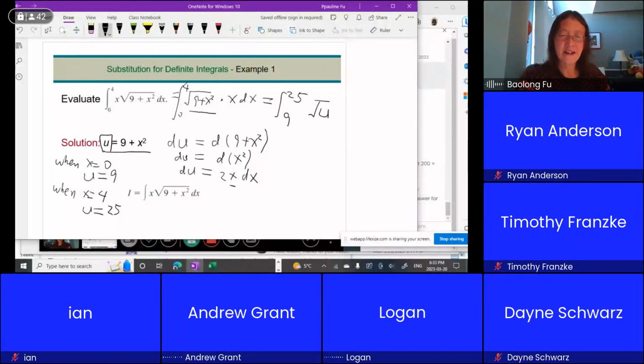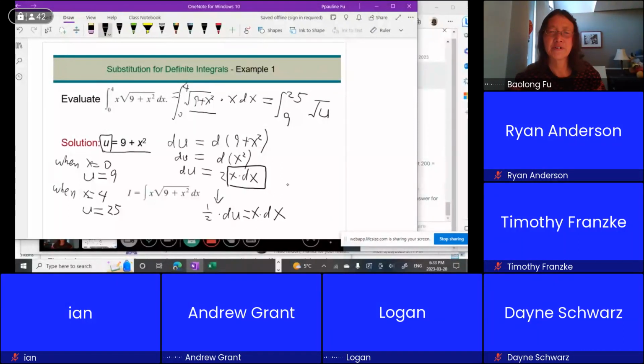And x times dx equals, both sides divided by 2. Do you agree? So x times dx equal to 1 over 2 du.